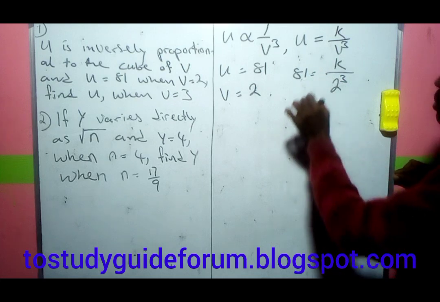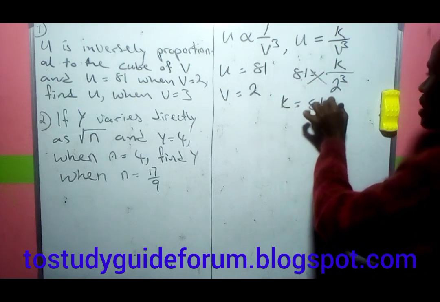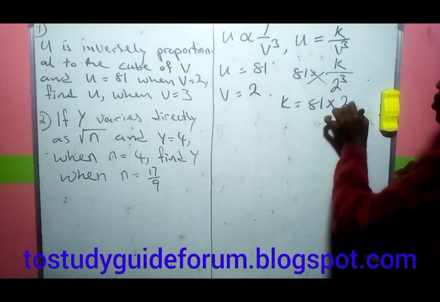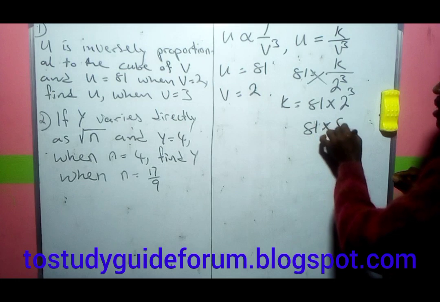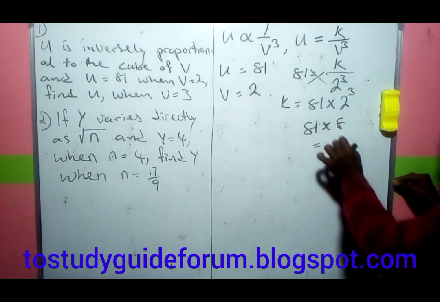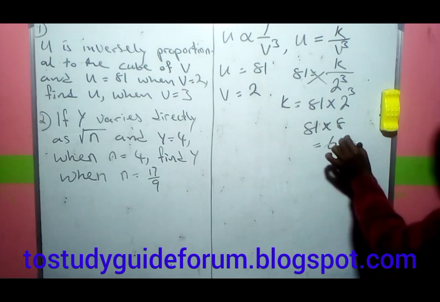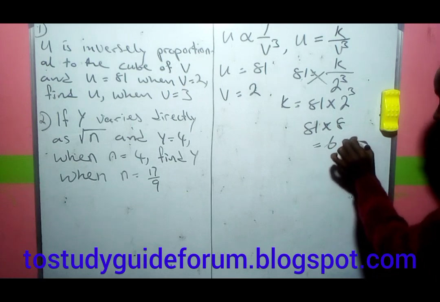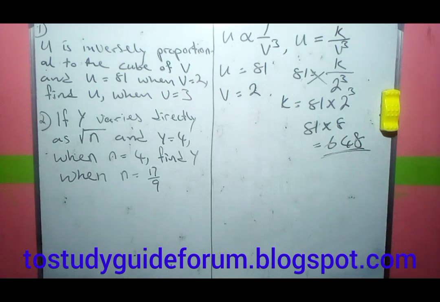If we cross multiply, K is 81 times 2 raised to the power 3. 2 raised to the power 3 is the same thing as 8. That will give us 648. That is our constant.